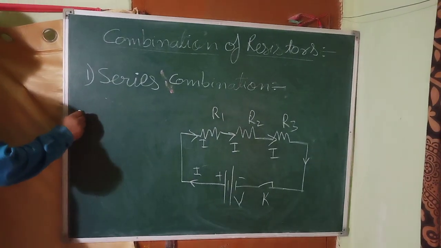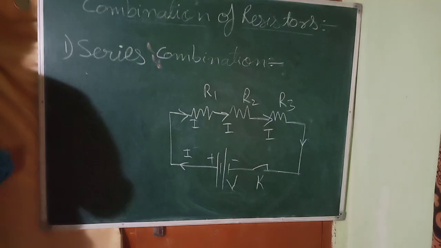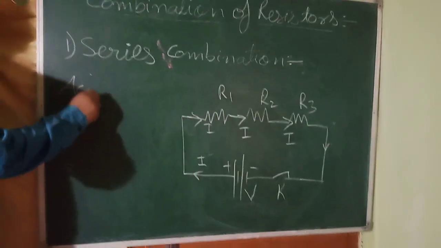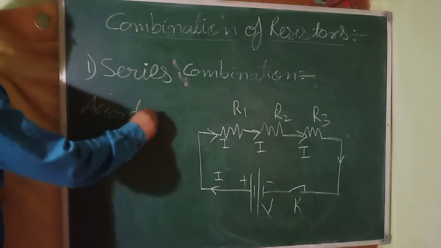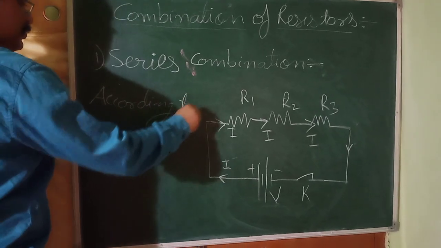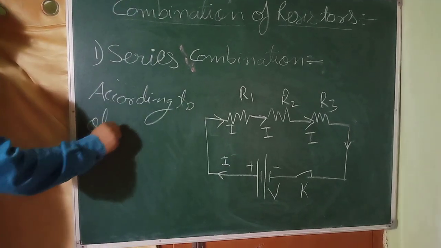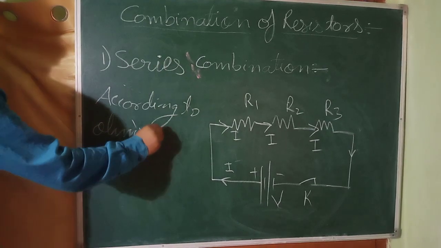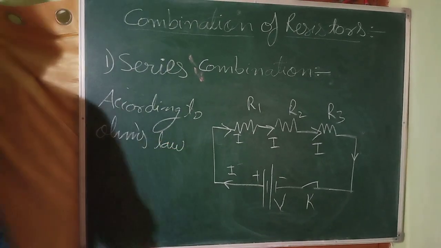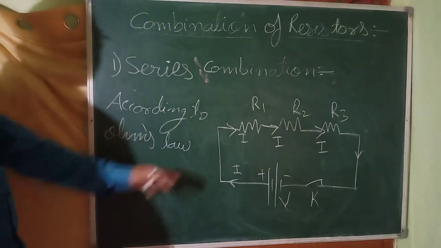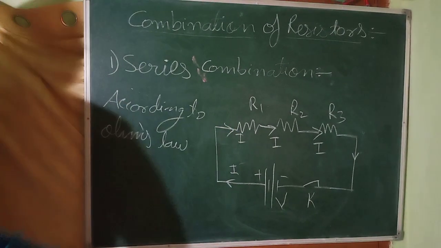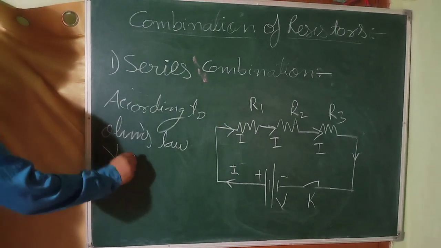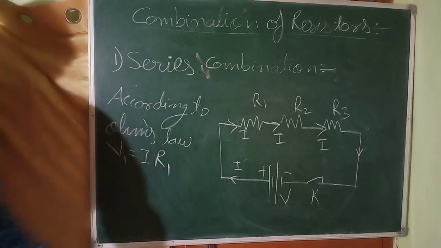So according to Ohm's law, what we can write? Suppose potential difference here is V1. So V1 is equals to IR1.